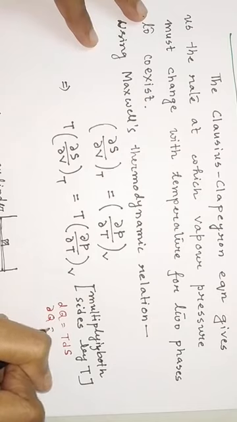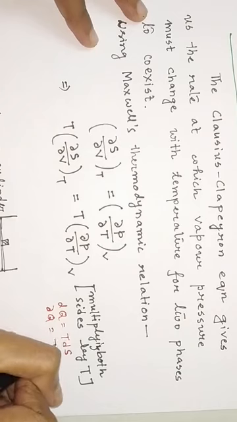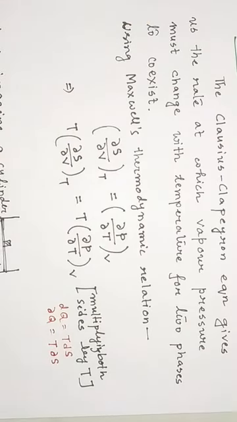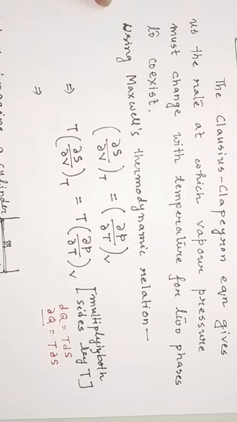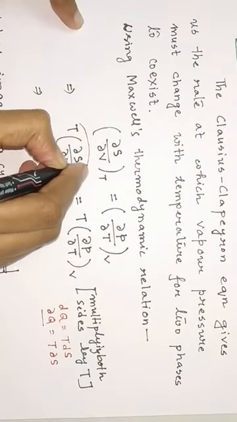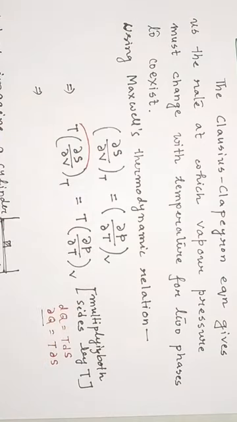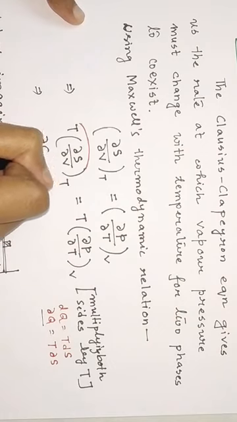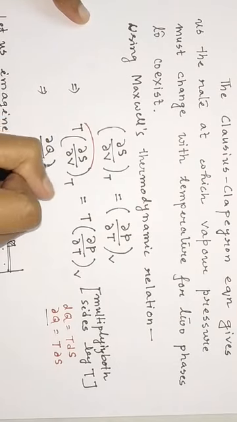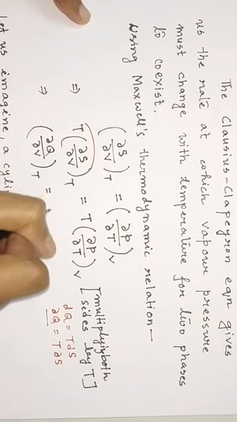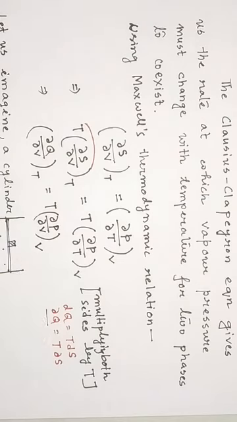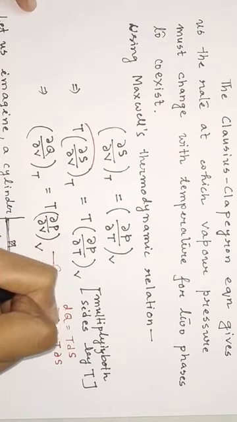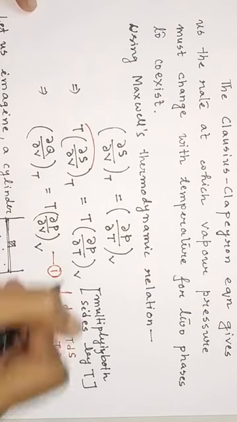Therefore, del Q in terms of partial derivative, del Q equals T del S. So in this equation, we can replace this T del S by del Q. Thus we'll have del Q by del V at constant T equal to T del P by del T at constant V. Suppose this is our equation 1.